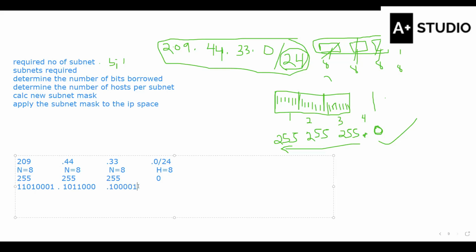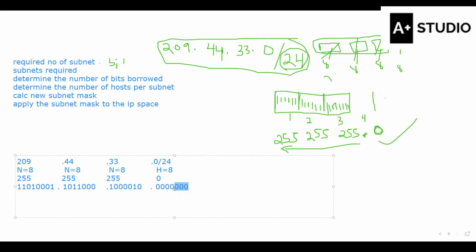Let me put the 0 right here. And then the last one is 0. Okay. So everything is 0 from there. Let me write 0 in binary.